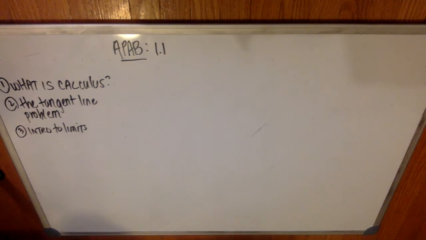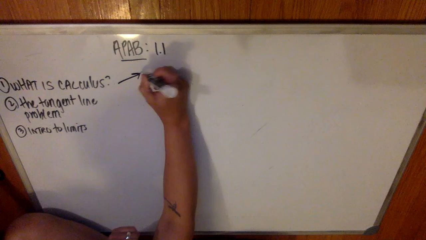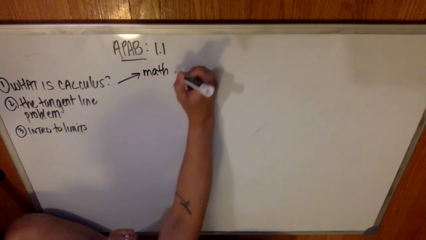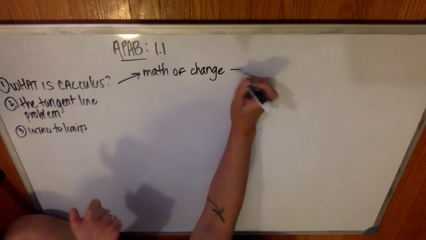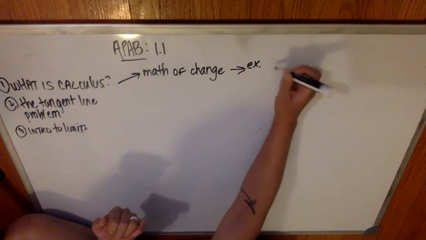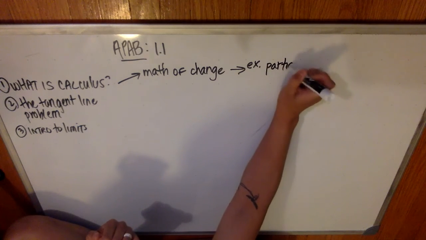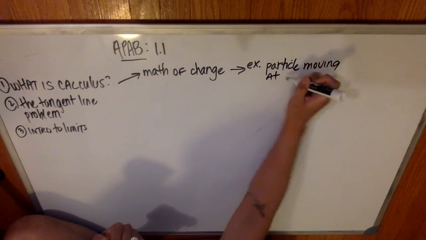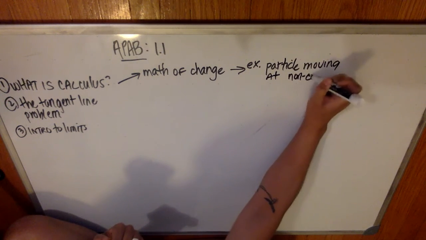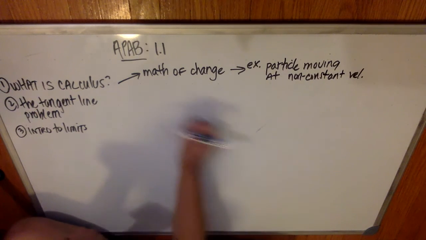So essentially, the difference is that calculus is the mathematics of change. The easiest example is that you could talk about a particle or a car or whatever you want, moving at a non-constant velocity, and you can actually figure out information about that, which you can't do without calculus.